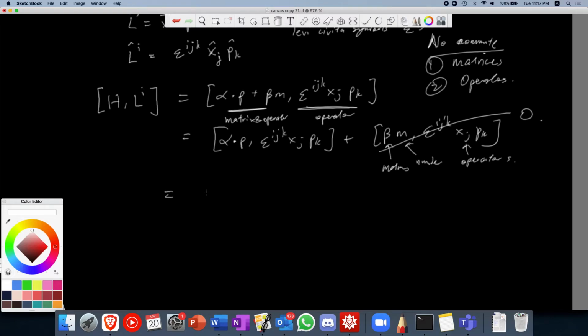Writing in index notation, the Levi-Civita symbol can be pulled out. So we simply get epsilon ijk, then we do the dot product via a summation.